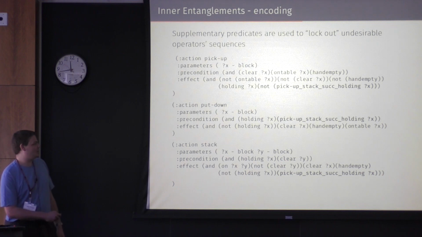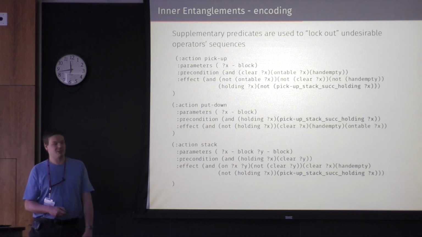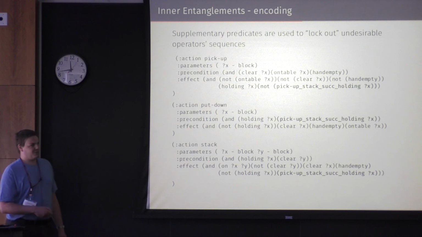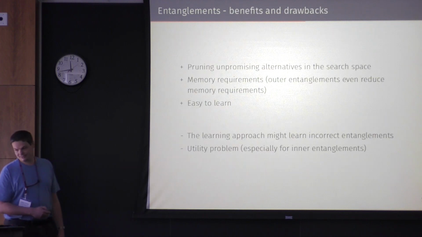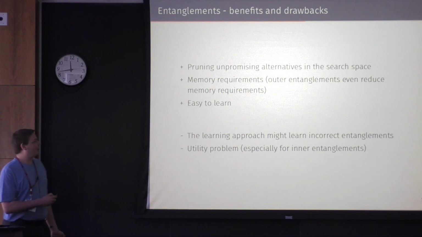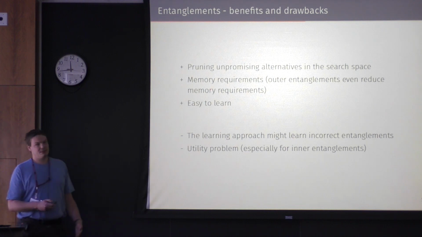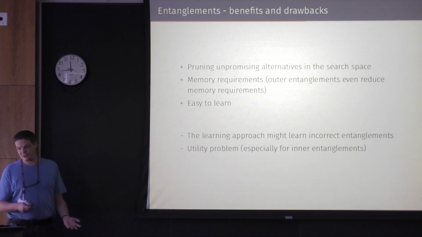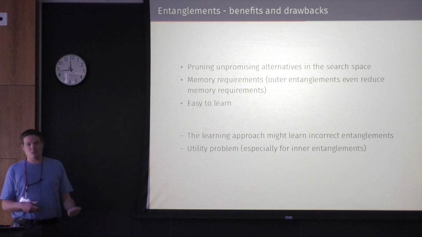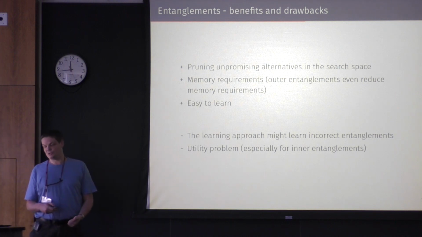Then when you apply this, you follow the relation of entanglement, and you put the predicate back, because at some point you might use a different sequence where using put down will be legal. Clearly, pruning of unpromising alternatives in the state space is beneficial, and especially in the outer entanglement case, memory requirements are also lower, which is good.